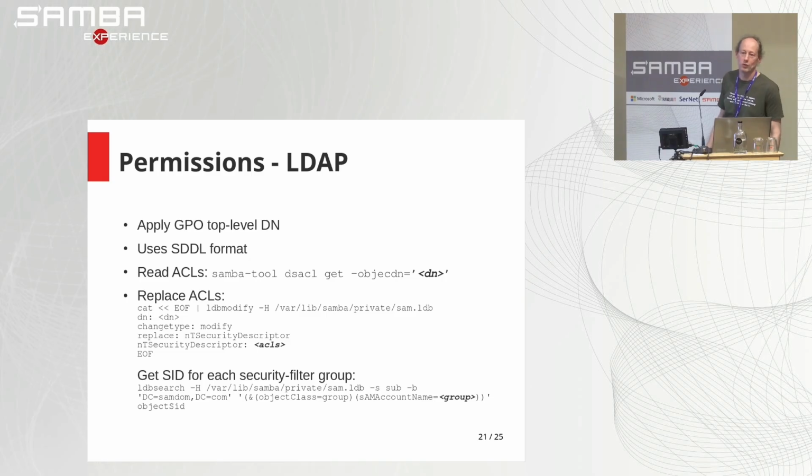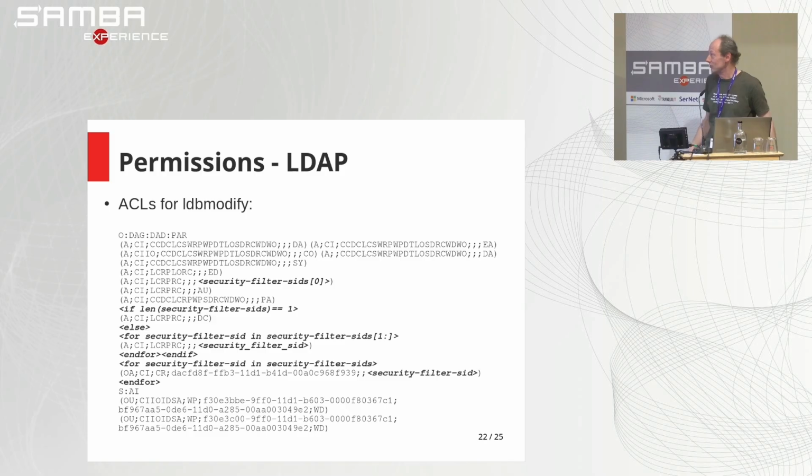Setting it with that tool is a bit harder, it doesn't work properly. But you can replace it with ldbmodify. And as in the SDDL format, you need to resolve the group to an SID.